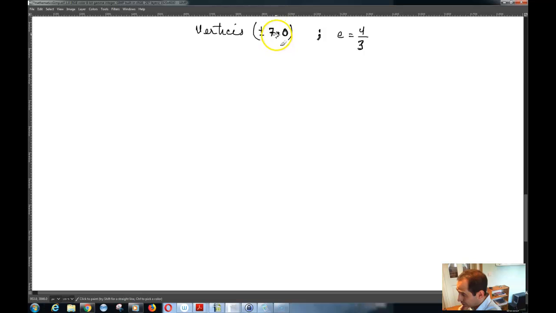What this tells me is that these points are along the x-axis, and so the transverse axis of this hyperbola is along the x-axis. The equation of this hyperbola is going to be x squared by a squared minus y squared by b squared is equal to 1.